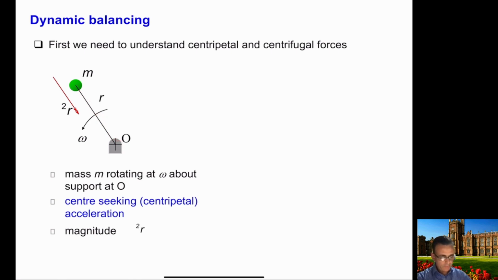The center seeking acceleration in this case is what we call centripetal acceleration, and it can be written as omega square r. So omega square r is the magnitude of the centripetal acceleration of the mass here.